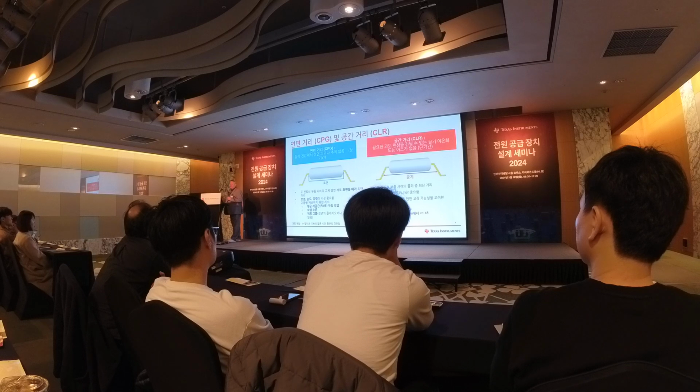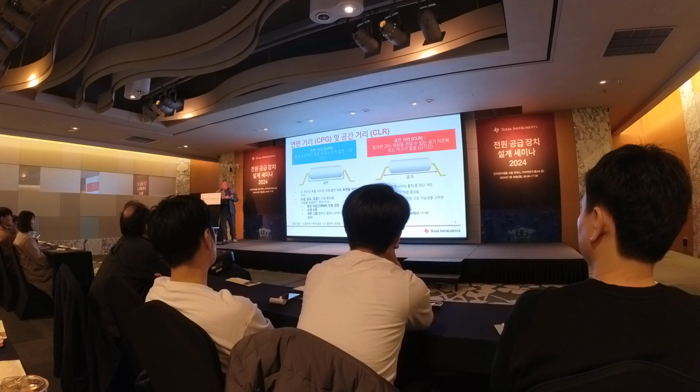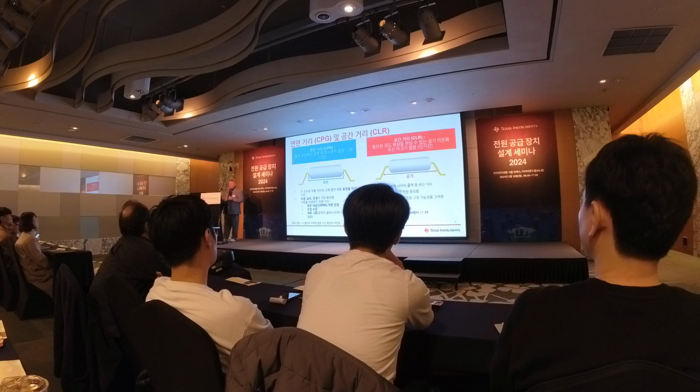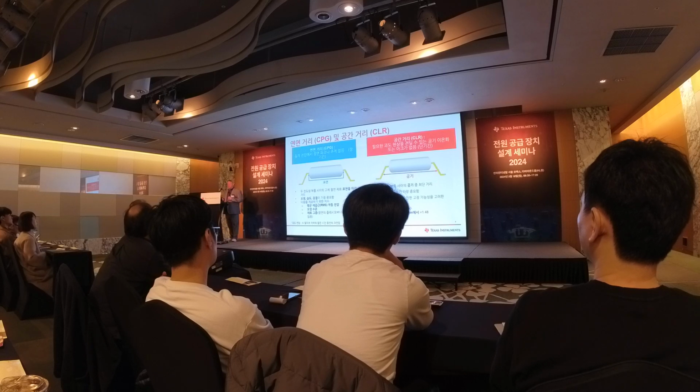When I talk about clearance, clearance is the shortest distance in air between two conductors. So in this case, it would be right here, the distance between this in air. So the parameters that impact creepage and clearance are also a little bit different. For creepage, the most important parameters that we want to look at are pollution, humidity, and condensation.